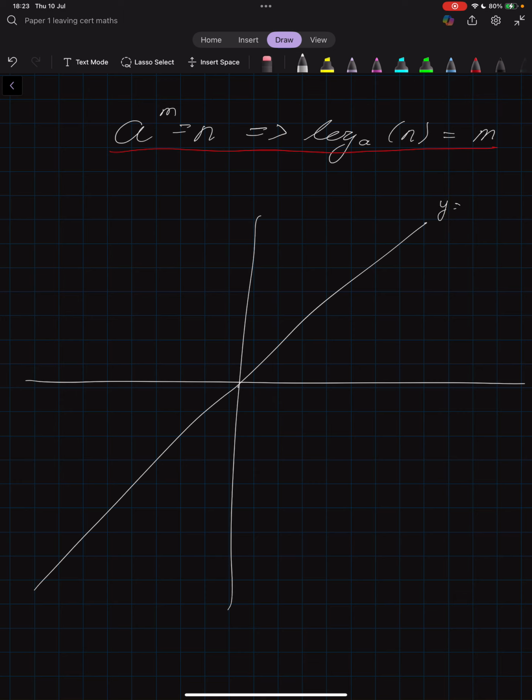If this is the y equals x line, and I draw y equals 2 to the power of x, where this is your x-axis and this is your y, it looks something like this. And then if I draw y equals log to the base 2 of x, this is the inverse of it, so basically it undoes it, you'll get something that looks like this.